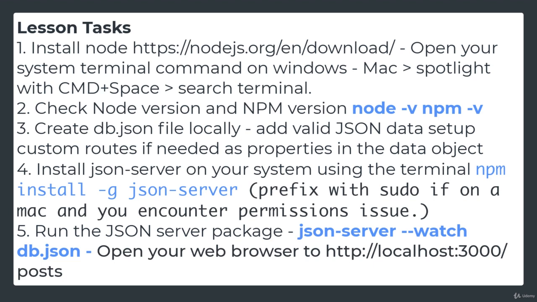And then once you've set it up, run the JSON server package. The command for that within the terminal is json-server, space --watch, and then space whatever the file name is where you've got your JSON data.